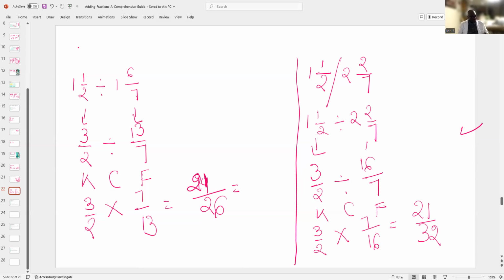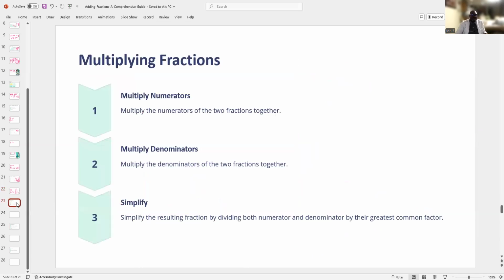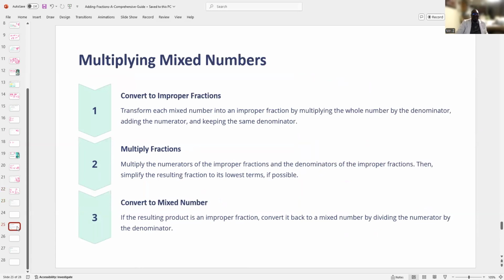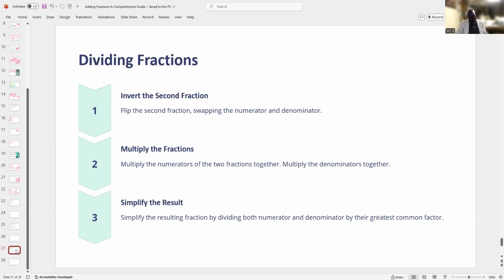So those are the few things. Let's see which one we have for you. We've already learned how to multiply fractions. We learned how to multiply a mixed number. We learned how to divide fractions.